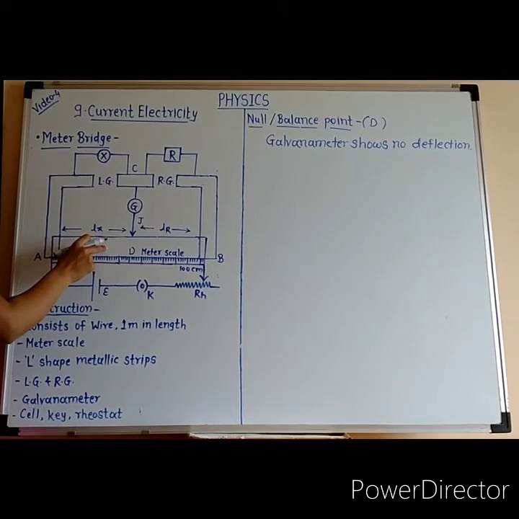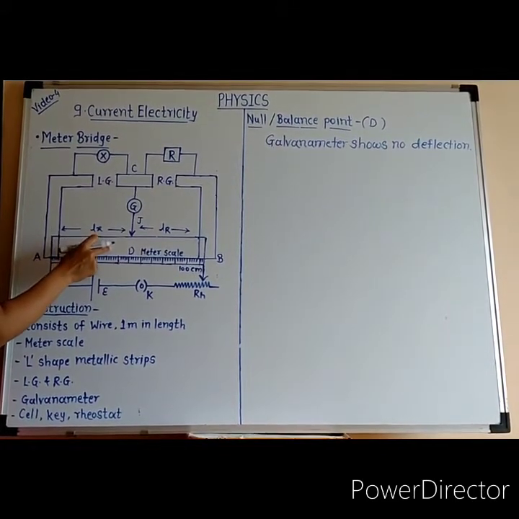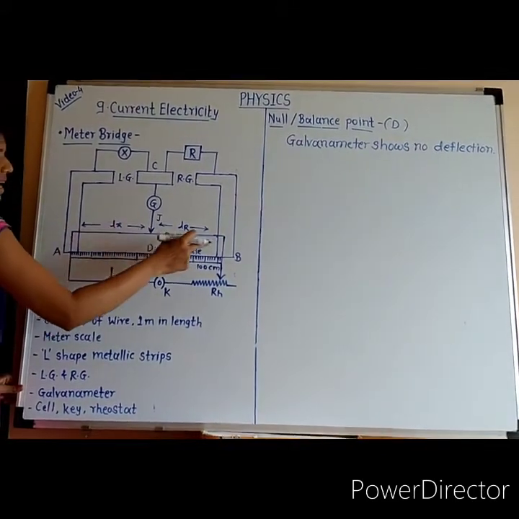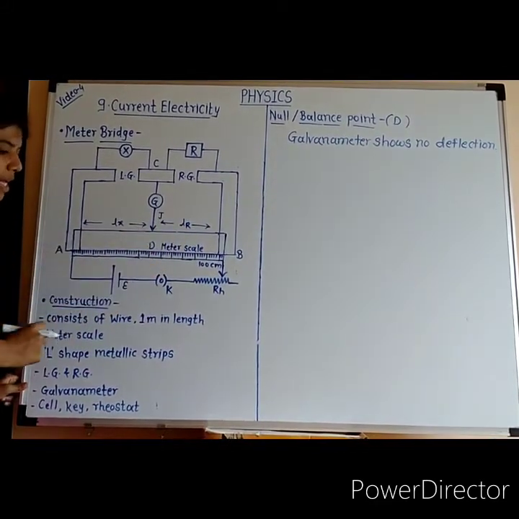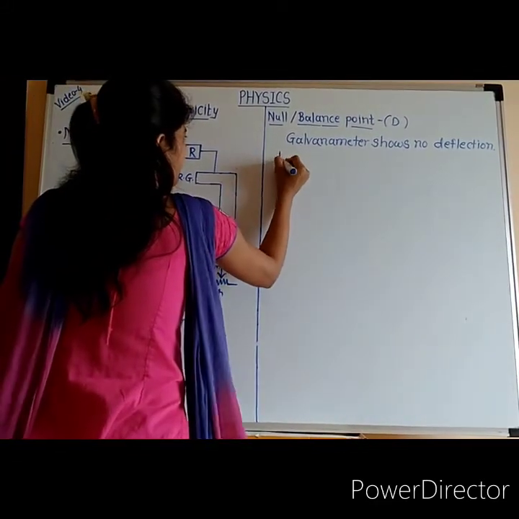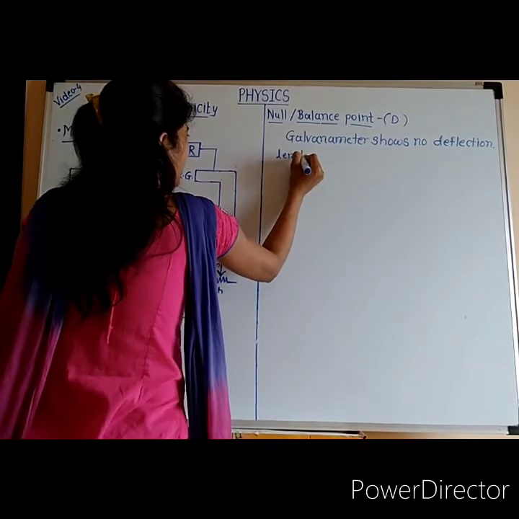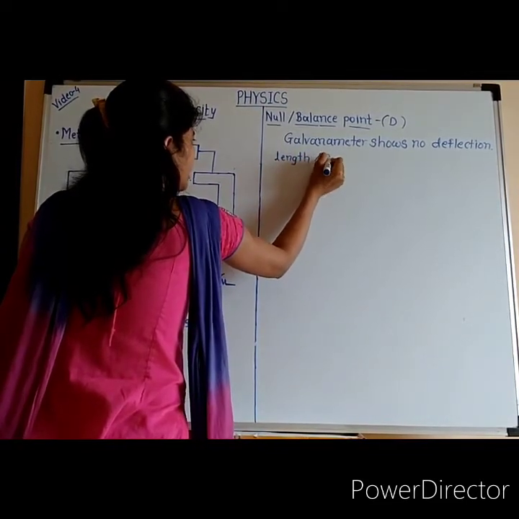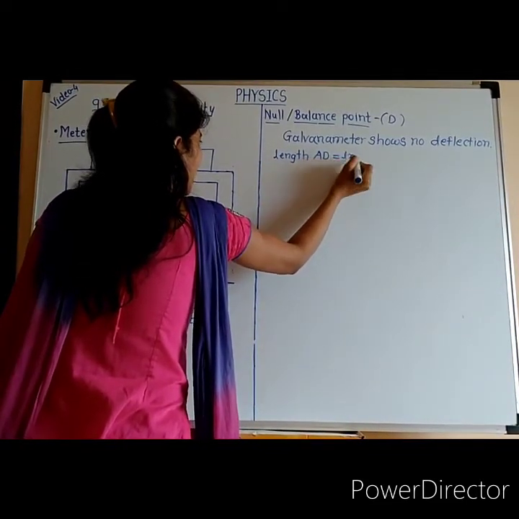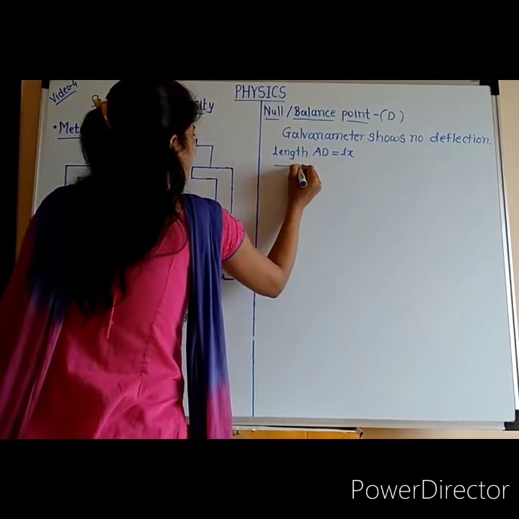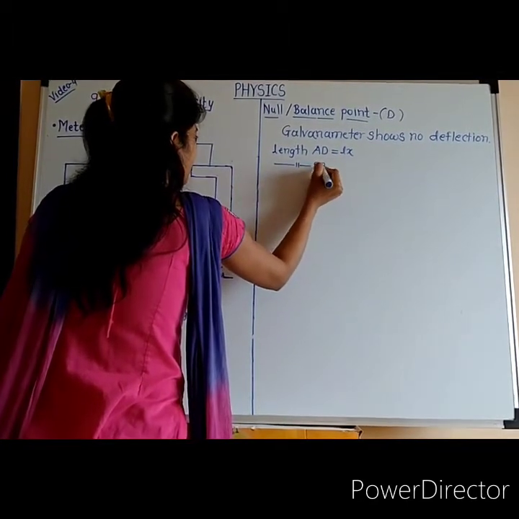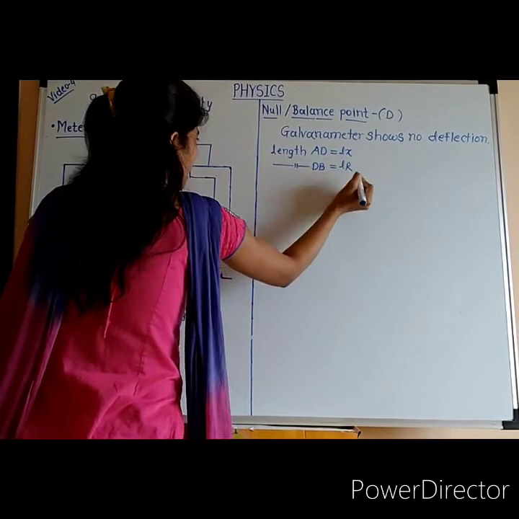Now consider the length along AD to be Lx and the length along DB to be Lr.